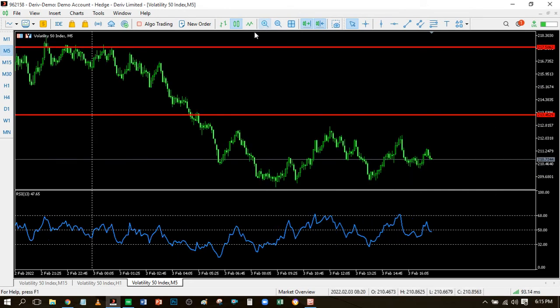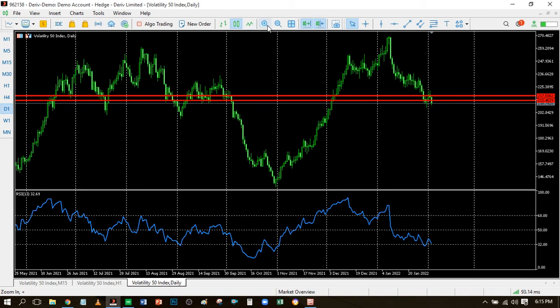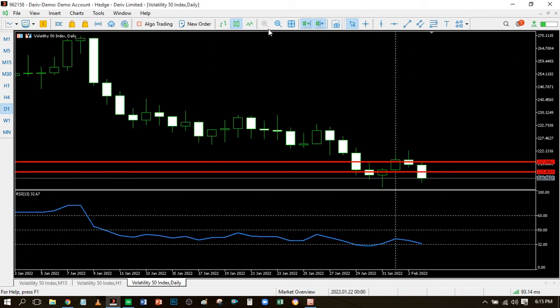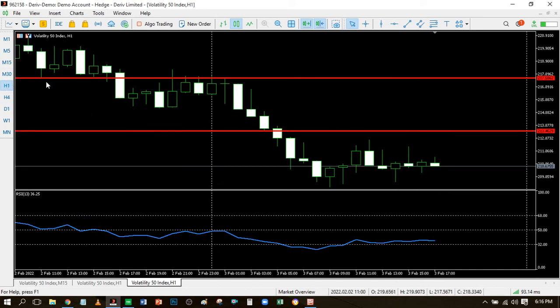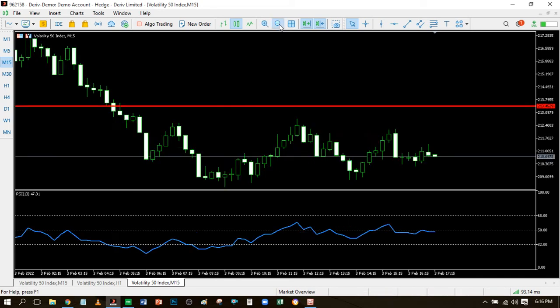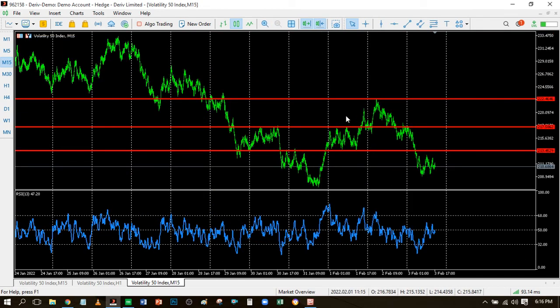Now another good thing I want to show you is how you can make use of both. Let me mark up my monthly target. Now if you go to your 15 minutes chart, right here you see three lines.